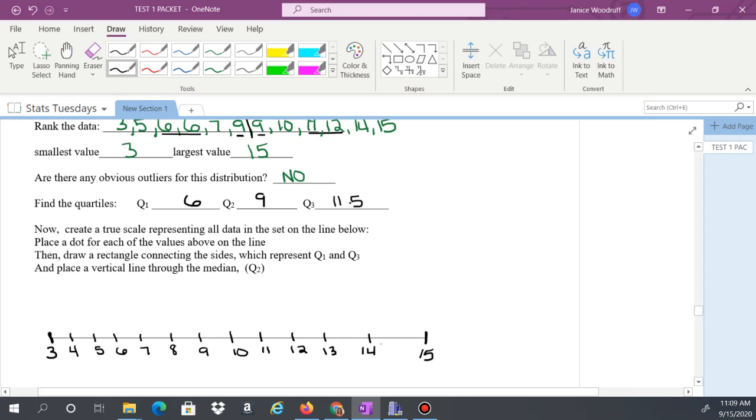Okay, the next thing you're going to do is mark your quartile 2. So that's going to be 9. So just kind of above here, just make like a little mark. Okay, then your quartile 1, same thing. And your quartile 3, same thing. And you're going to connect those marks, make a little box.